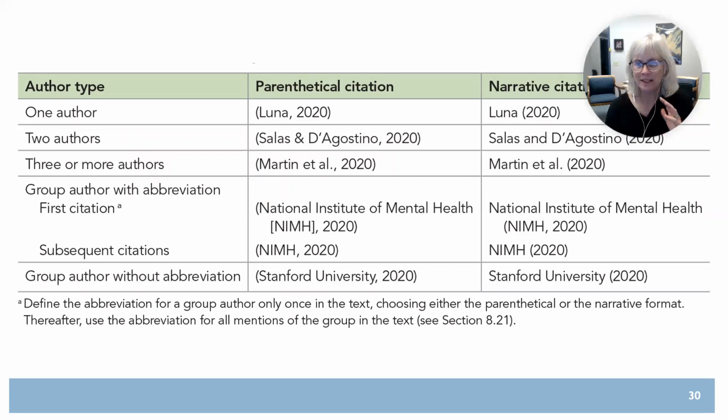So here we see different author types, parentheticals, and narratives. Pretty straightforward. They're all following the same kind of format. Notice that the first time you write out National Institute of Mental Health, and then refer to the acronym NIMH.